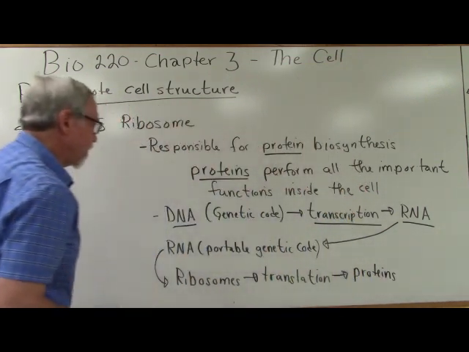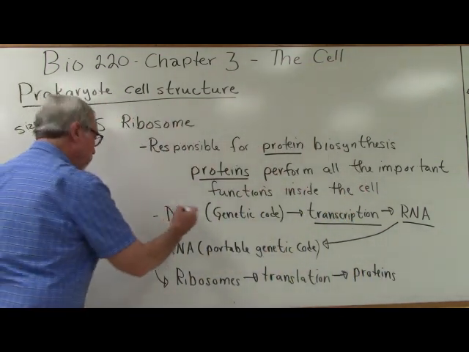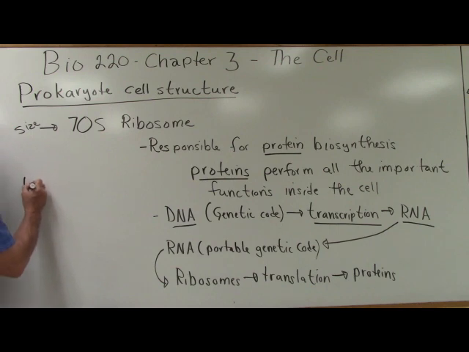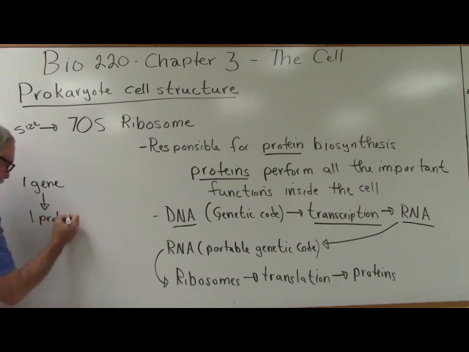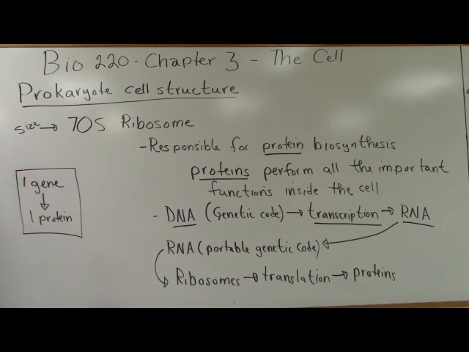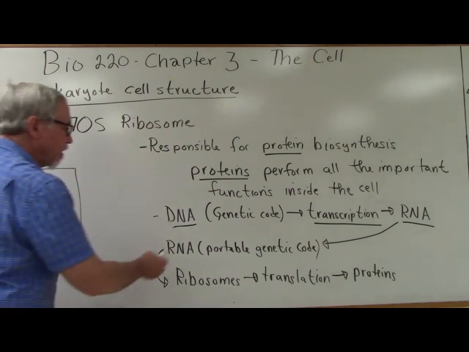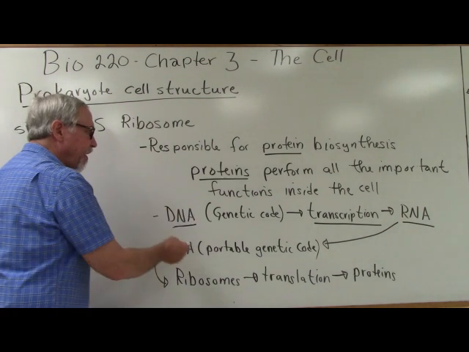All right, and the idea here is there's one gene for every one protein. A slight oversimplification, but it'll work as far as where you're going. All right, and how you go from one gene to one protein is by way of this scheme, where you start out with the gene in the DNA.